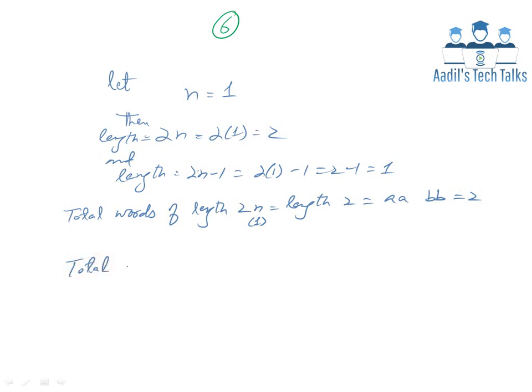Now total words of length 2n minus 1, as n is 1, 2 ones are 2, minus 1 is 1. Length 1: one is A and the other is B, so 2. So it is proved again that palindrome has as many words of length 2n as it has of length 2n minus 1.